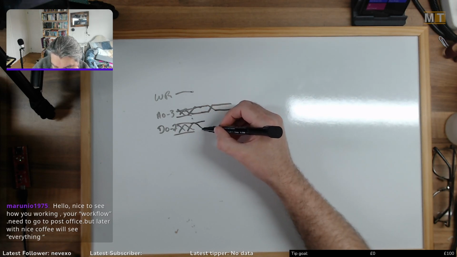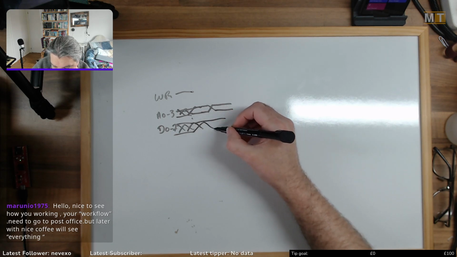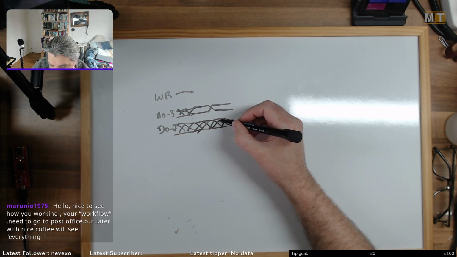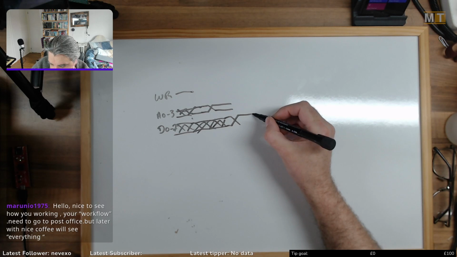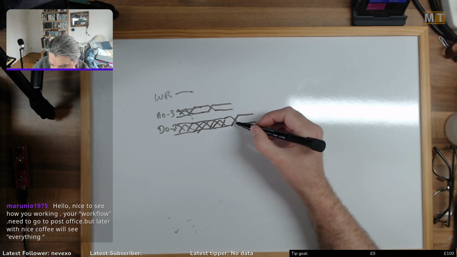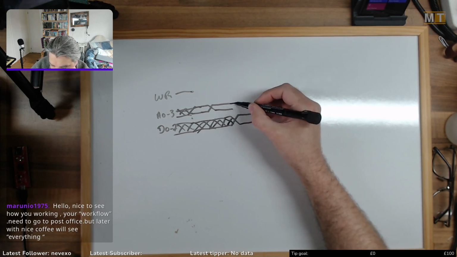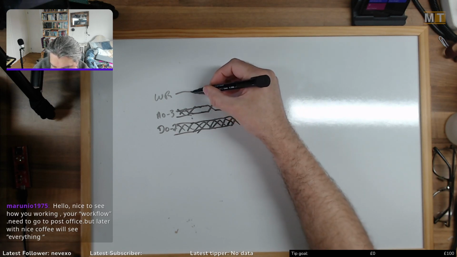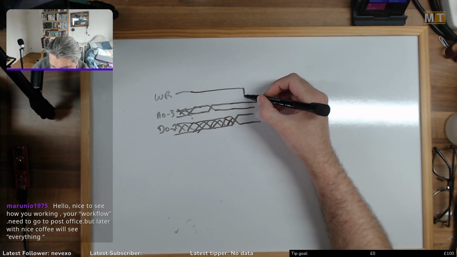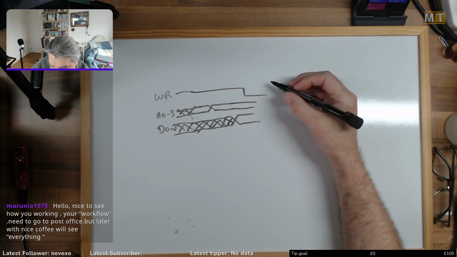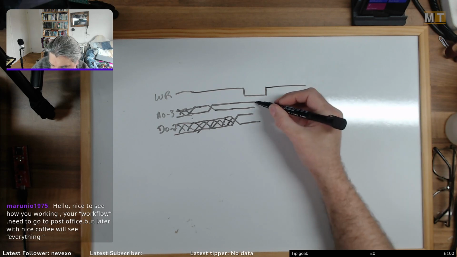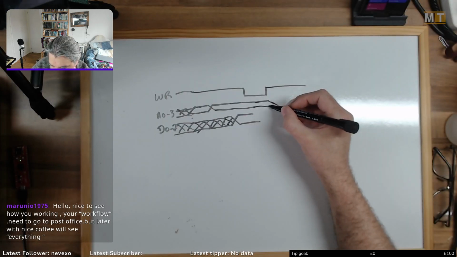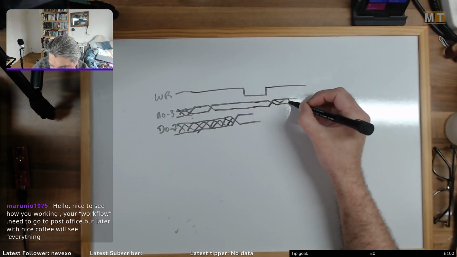Then the data would normally be changed. Then the write would go low for a period, then go high, and then the address and data are free to do their own thing again.